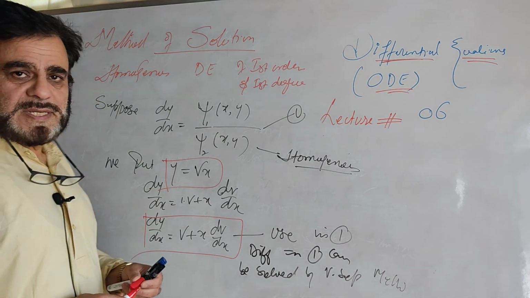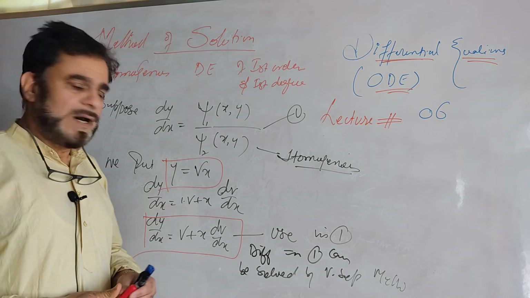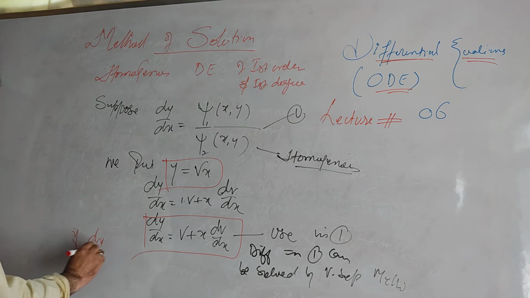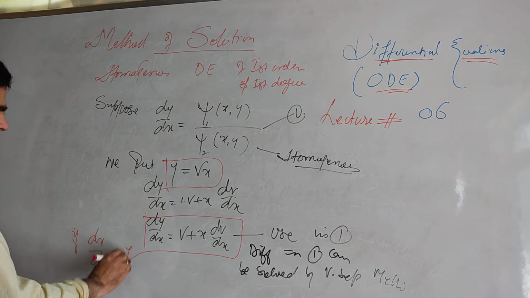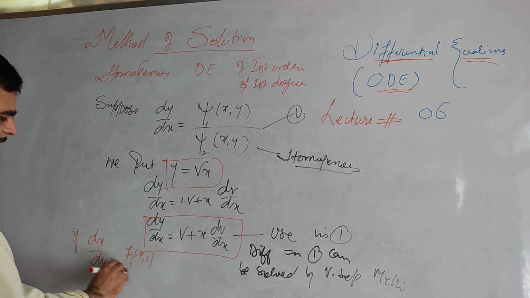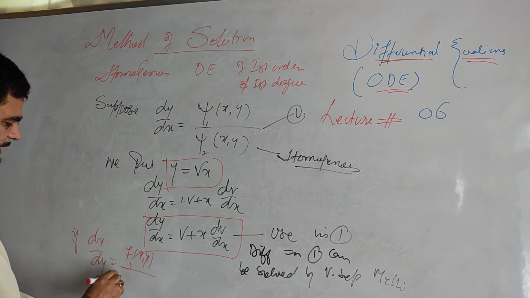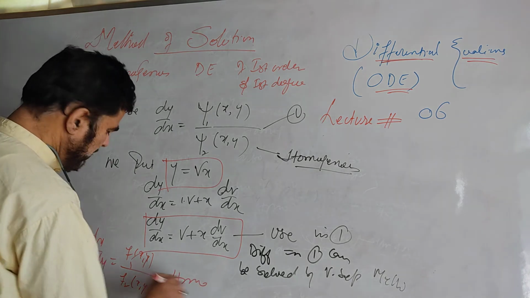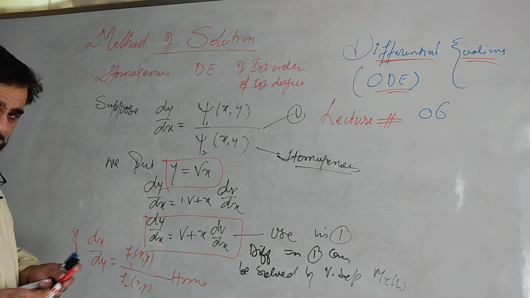In certain cases, if you have a differential equation dx by dy is equal to, say, f1 of xy by f2 of xy, if it is homogeneous, but it is not dy by dx, it is dx by dy.